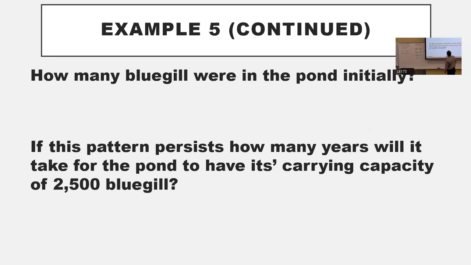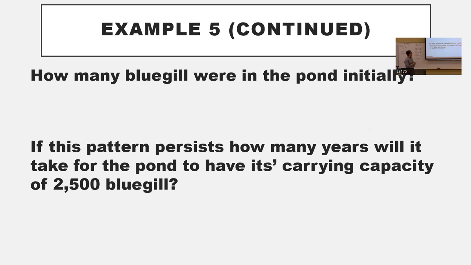So how many bluegill were in the pond initially? We'd say about 115. And then if this pattern persists, how many years would it take to have 2,500 bluegills? That's the carrying capacity of the pond. At some point, can't have any more because there's just too many in the pond. So in that case, I won't do that right now.